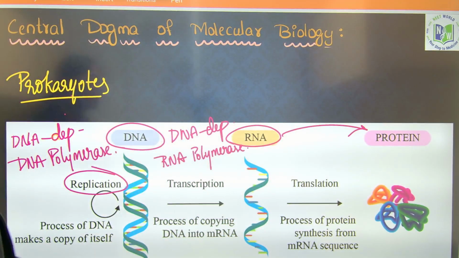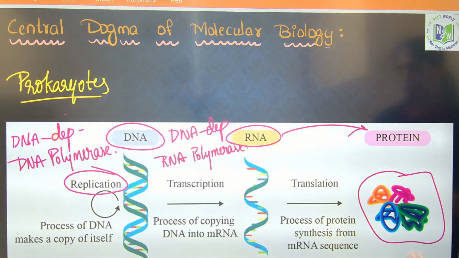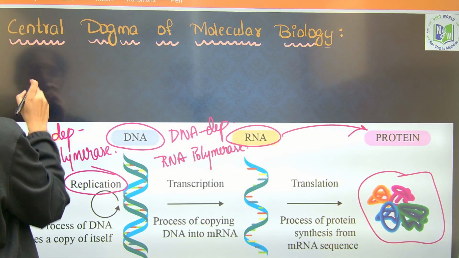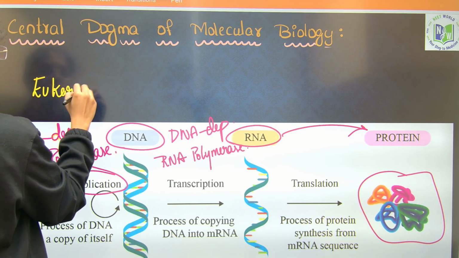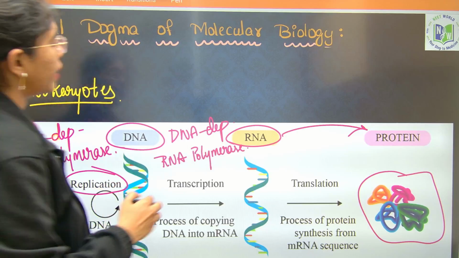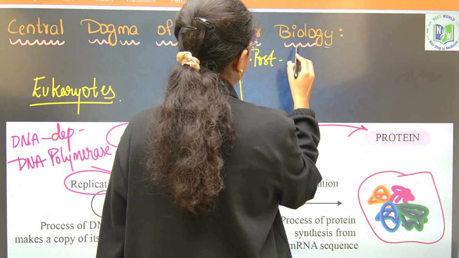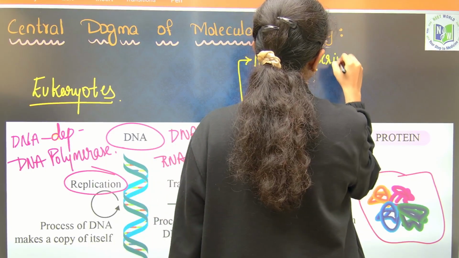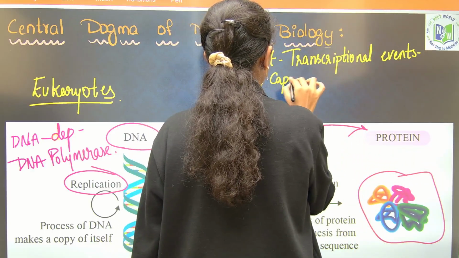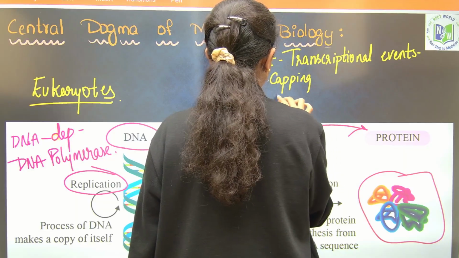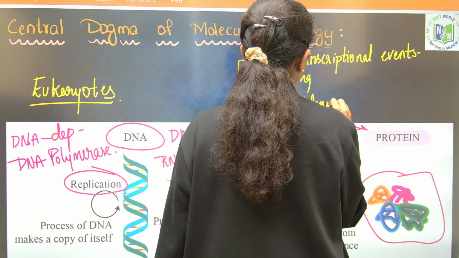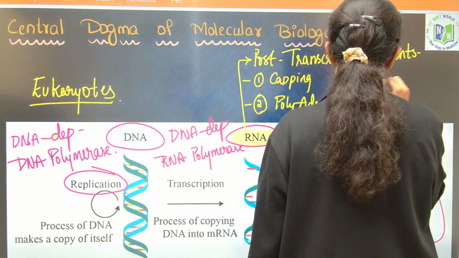Later is translation. This information over the RNA is translated to proteins. Now in eukaryotes, first DNA replication, transcription and post-transcriptional events, which include 5' capping, 3' polyadenylation, and splicing.